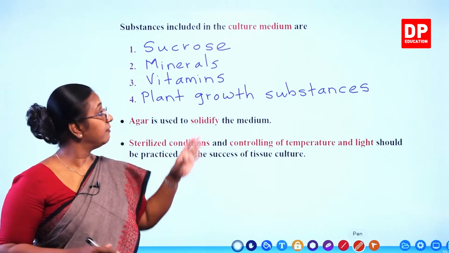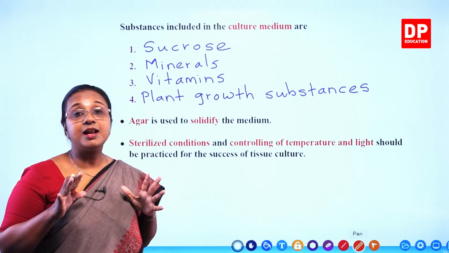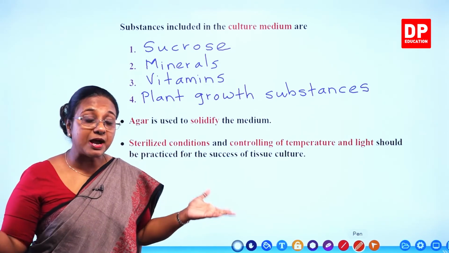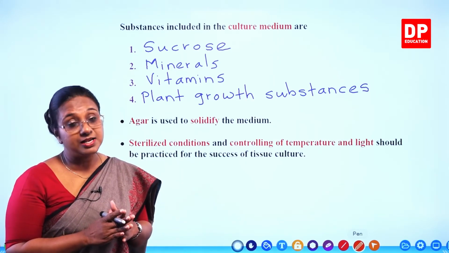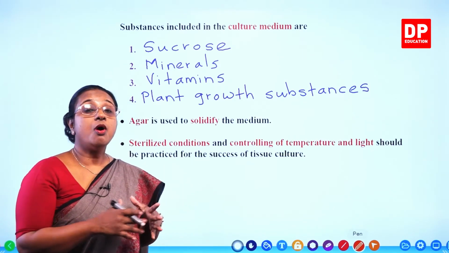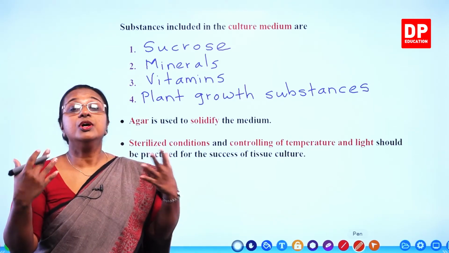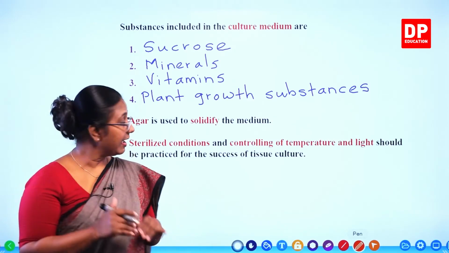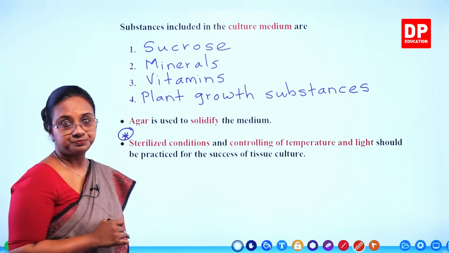So if you have all the nutrients, sucrose, minerals, vitamins and the culture medium, if the conditions are not sterilized, there can be microorganisms in the atmosphere, they can easily grow in this culture medium. So then you may not be able to get a pure clone, or the clone might not develop at all, and also the microorganisms will start growing in the medium. So to prevent that, we need to provide a sterilized condition.